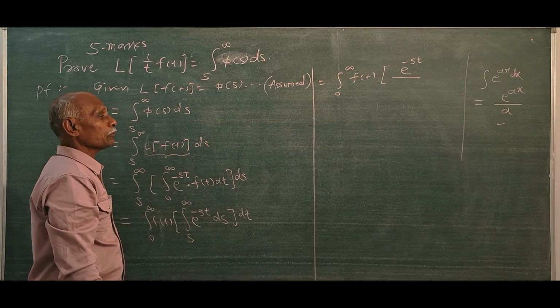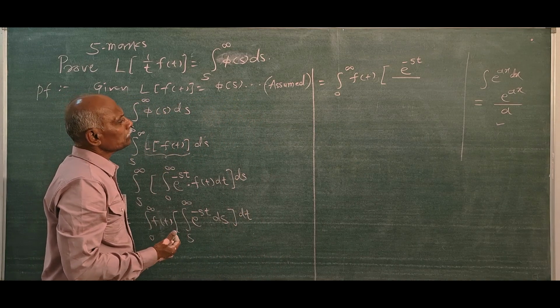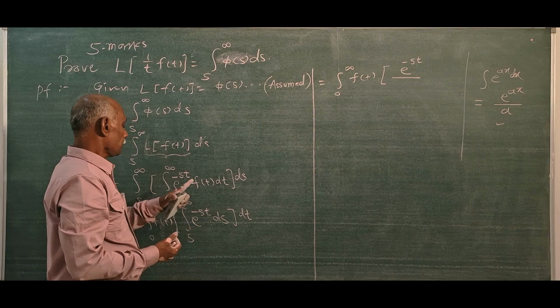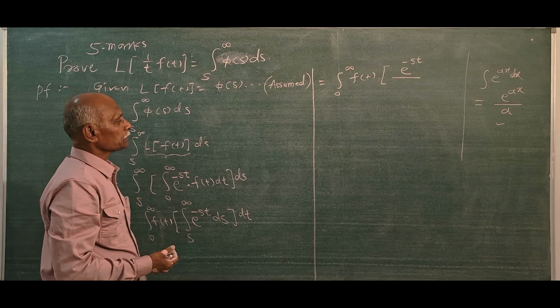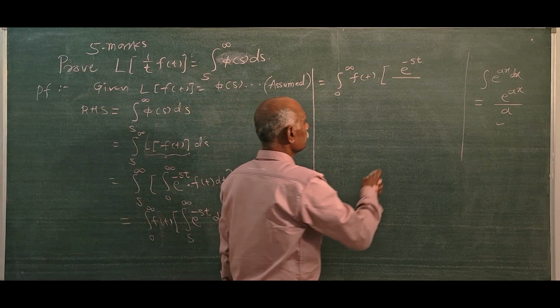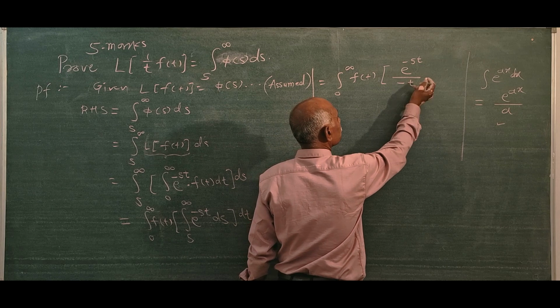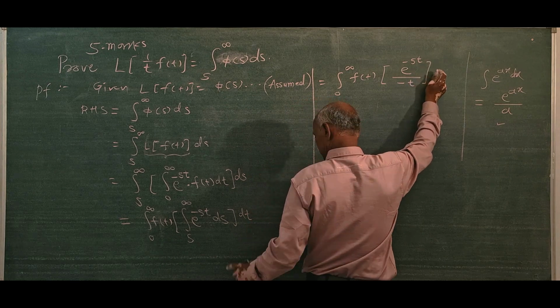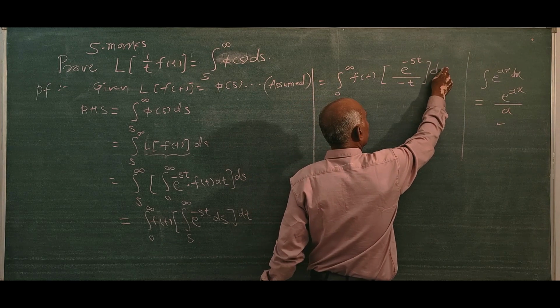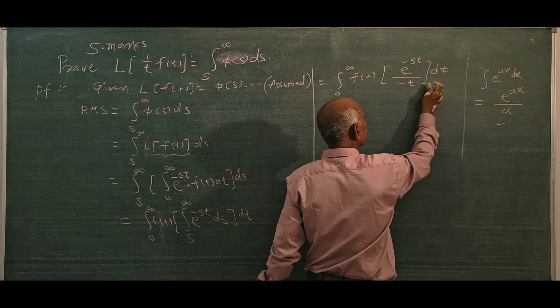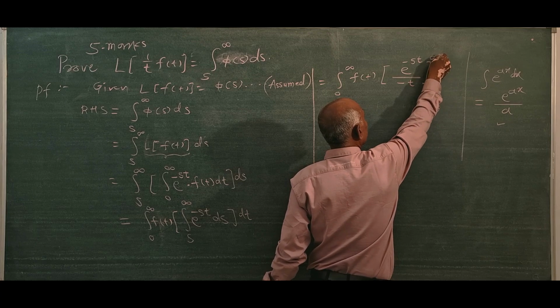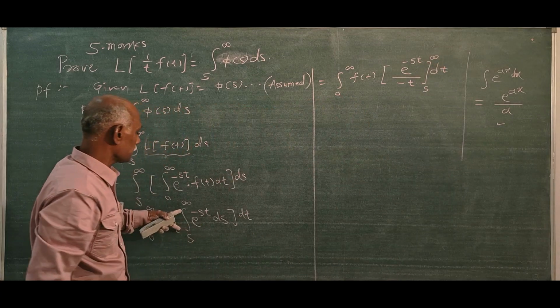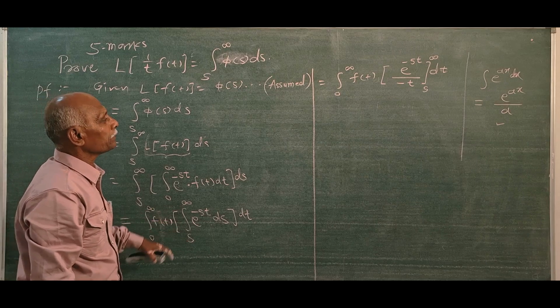So we have to think about denominator. Can you write down this value? Integration of e raised to minus st with respect to s. Here I have to write minus t. And then remaining things, dt. Also s to infinity. Because of this definite integral, lower limit and upper limit remains.